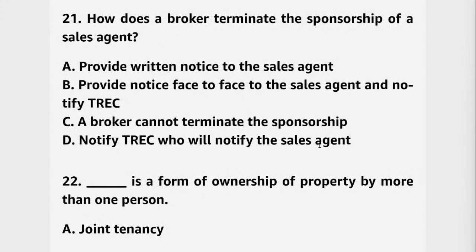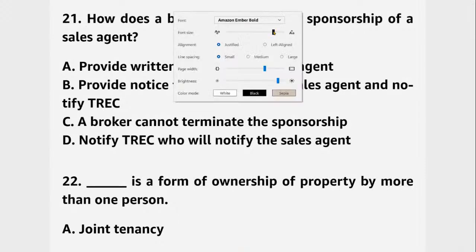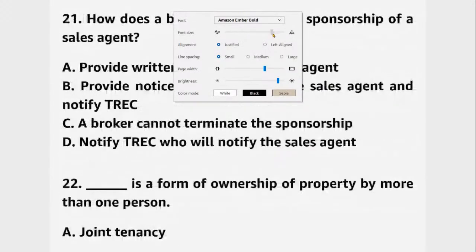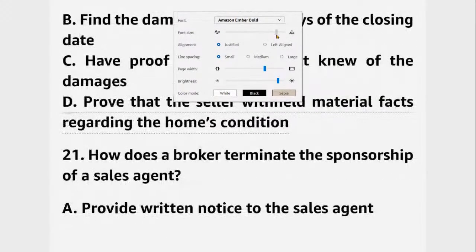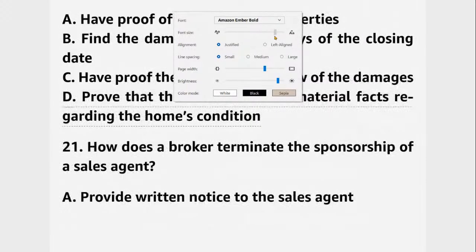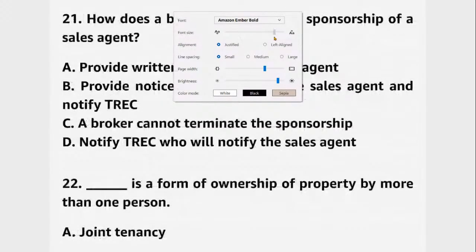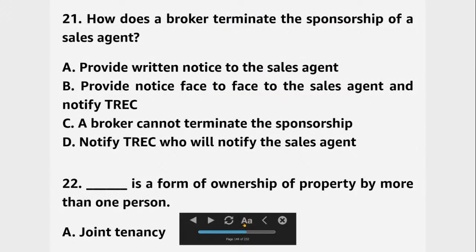Number 21. Oops. Come on, 21. I'm trying to show it. Oh, well. It doesn't show on the top.